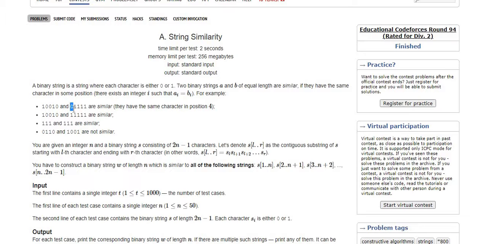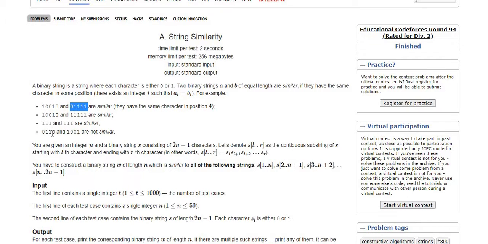These two are not matching, so we increment the counter. Again here it is 0 and 1, so it is not matching. Again for this it is 0 and 1, not matching. But at index 3, we have a 1 from string A and a 1 from string B. So in this case we can say the strings are similar.